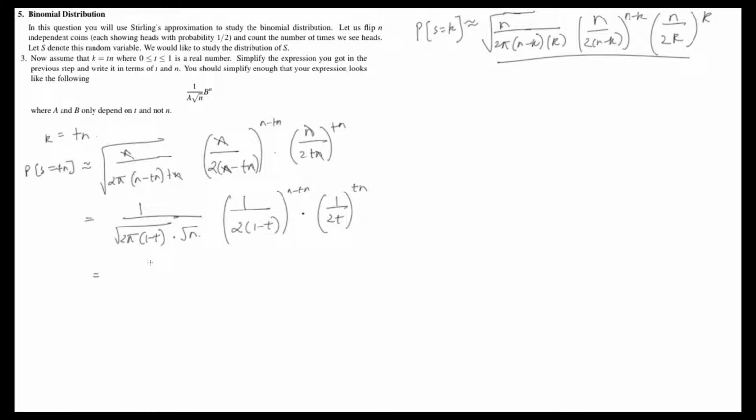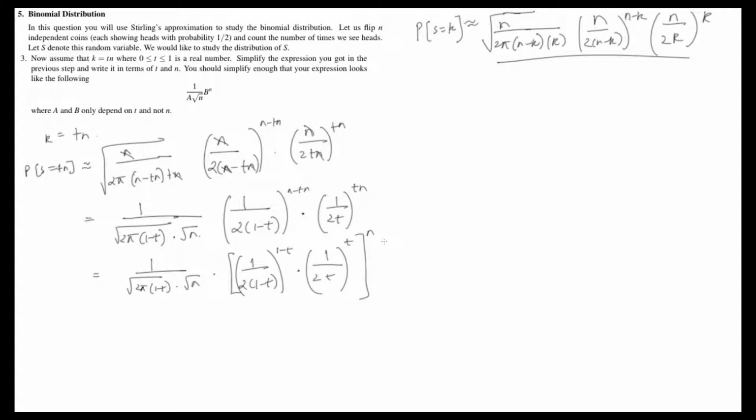This is equal to 1 over root 2 pi 1 minus t times root n times, what I'm going to do now is pull the n out of the whole exponent and put it in the end, to the 1 minus t times 1 over 2t to the t. Pull n outside.